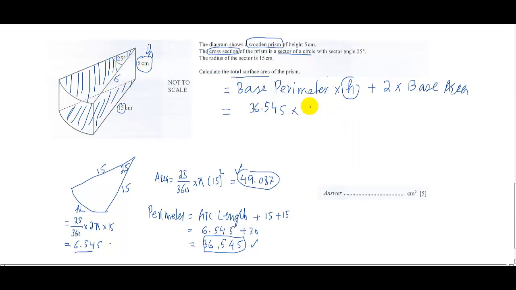It is 5 plus 2 times base area, which is 49.087. Let me use the calculator to find the total surface area. If we round up to 3 significant figures, it is 281 centimeter square. So this is the total surface area of this prism, which looks like a piece of cake.